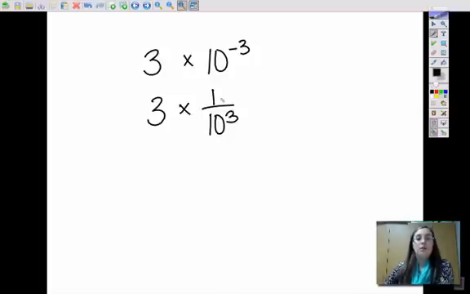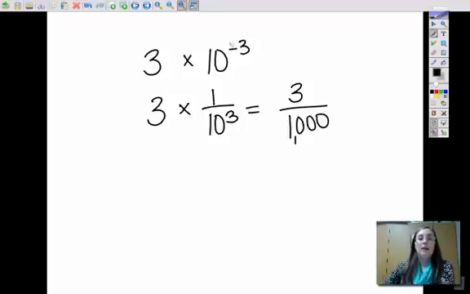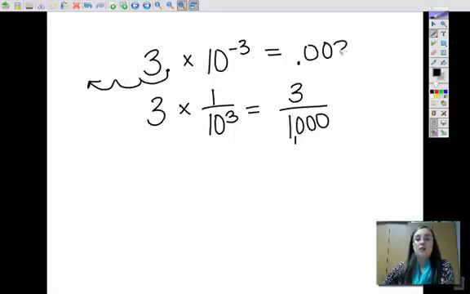So really what we're doing is taking 3 and dividing it by 1,000, which is why 10 to the negative third moves the decimal this way 3 times, because each time we divide by 10, it moves the decimal over to the left. So this equals 0.003.